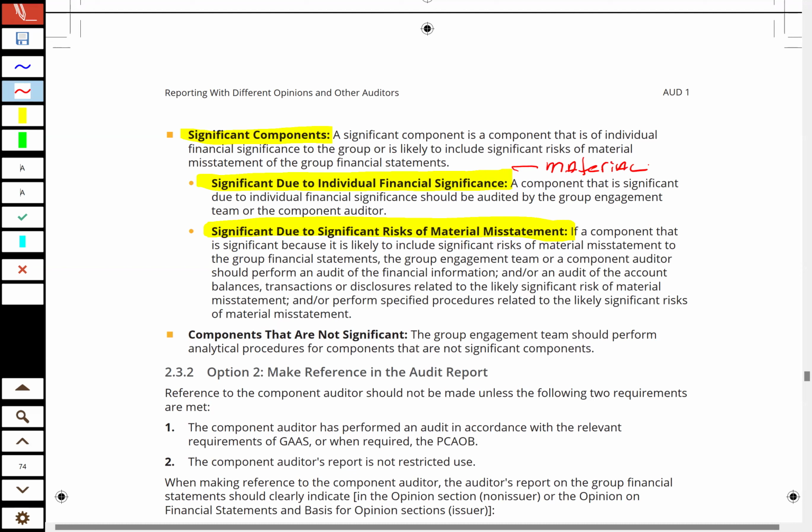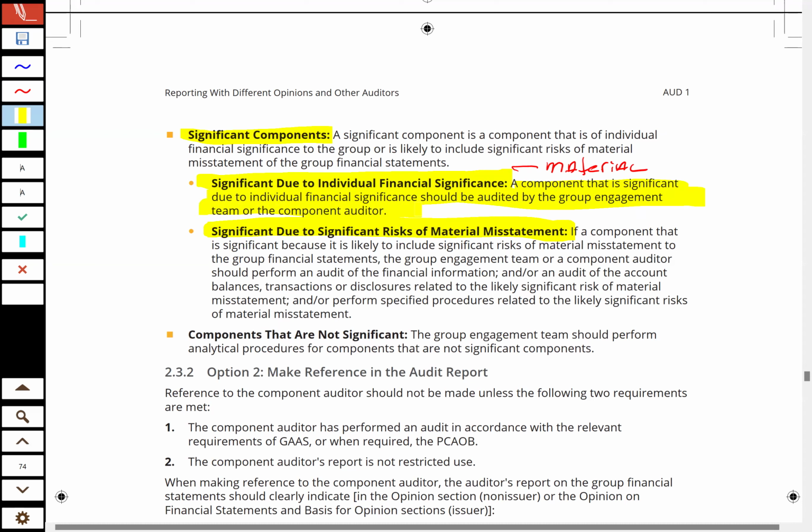Okay, the bigger the component dollar-wise, or what? The bigger or the more. So I always say the biggest and the baddest. The baddest as it relates to a risk that there'll be a material misstatement. So what happens? We say that a component that is significant due to financial significance should be audited by the group engagement team or the component auditor.